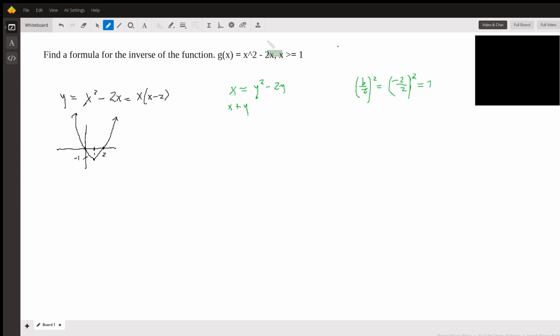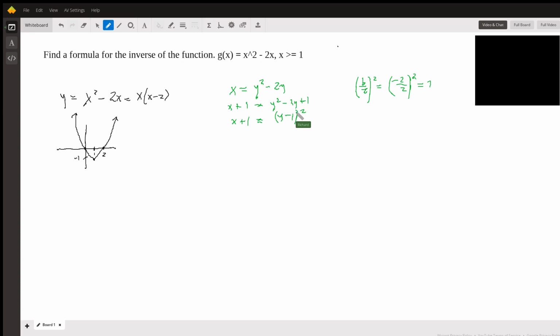Sorry about that. X plus 1 is equal to y squared minus 2y plus 1. And now we'll factor that. So x plus 1 is equal to y minus 1 quantity squared.